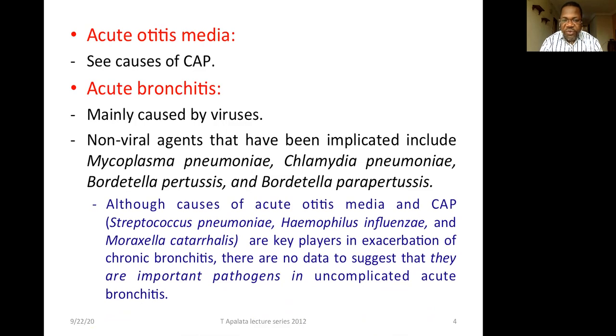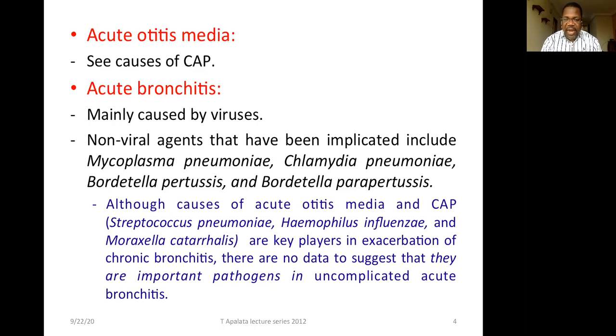The causes of acute otitis media and community-acquired pneumonia involve Streptococcus pneumoniae, Haemophilus influenzae, and Moraxella catarrhalis. Those are the causes of community-acquired pneumonia, and they are also the causes of acute otitis media.